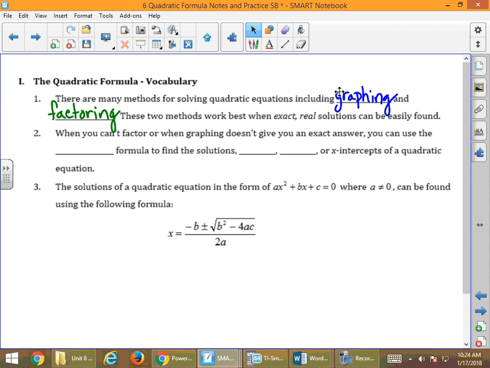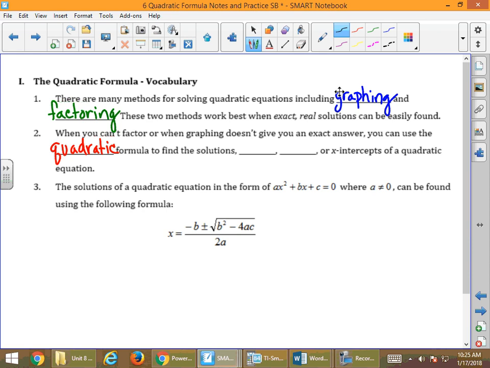But as we've seen here, when we cannot factor, or when graphing doesn't give us an exact answer, what we can use is the quadratic formula to find the solutions.